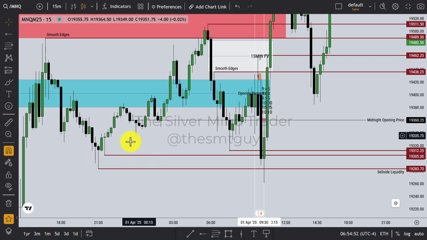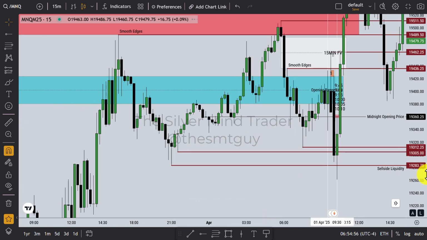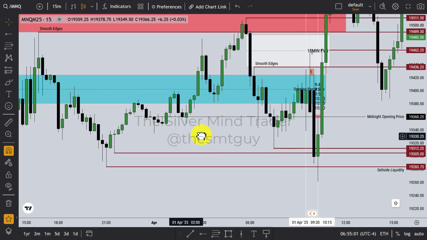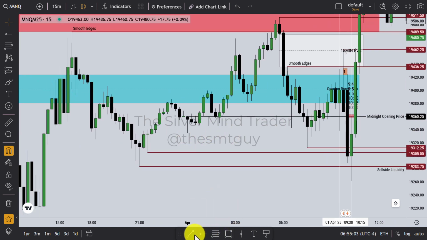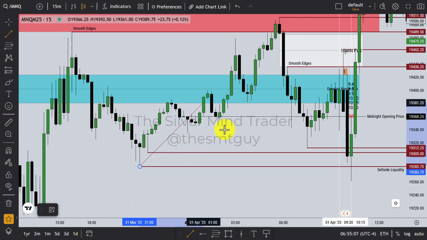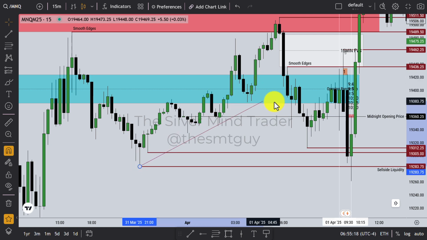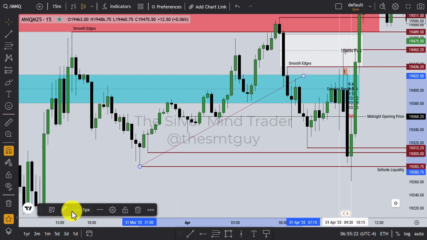Then we have all these lows here. In this price action, some of you may notice that retail traders will draw something on their chart like this.